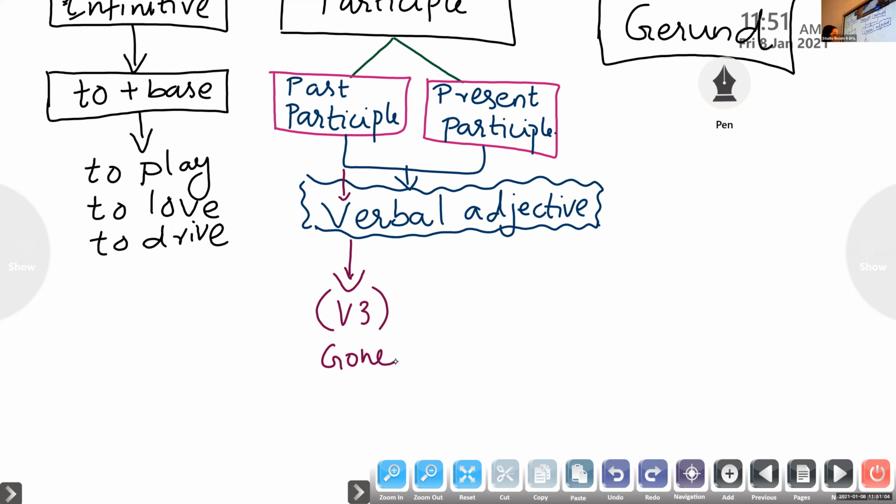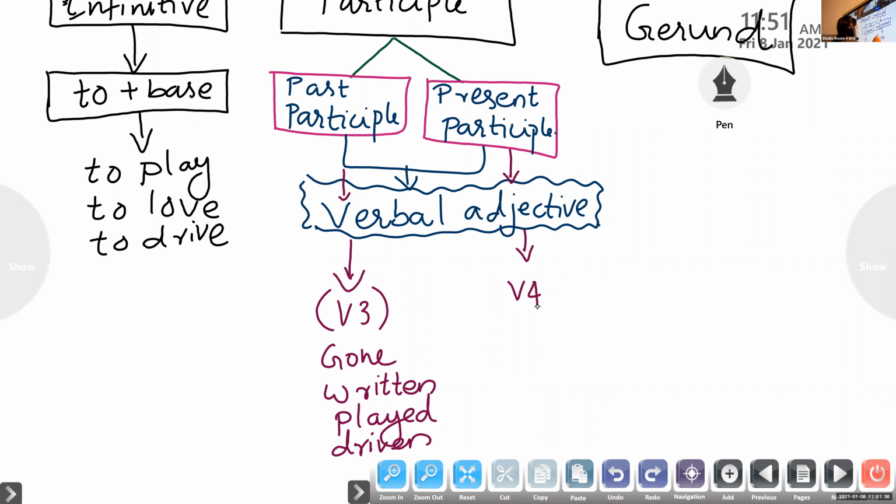Then written, played, walked, torn, driven. The third form of the verb. This was called the past participle. Drunk, yes, drunk, driven.